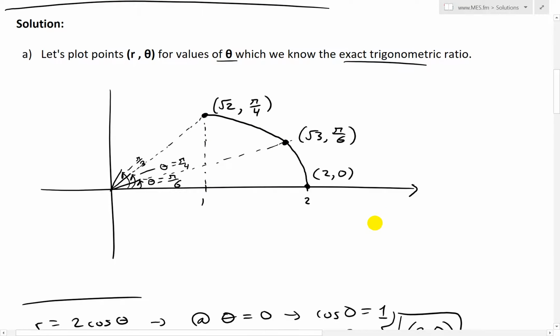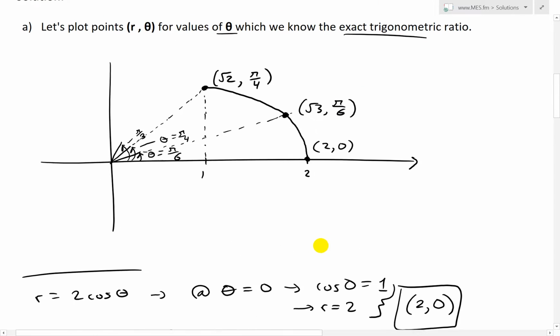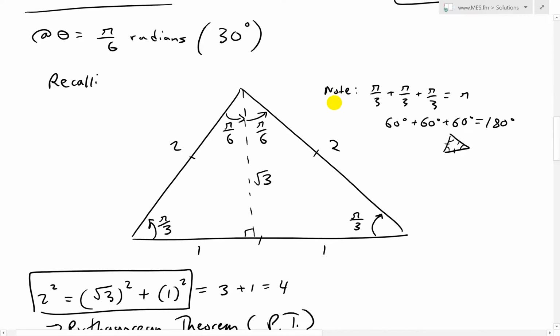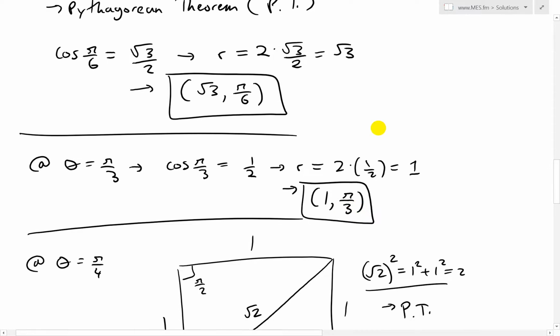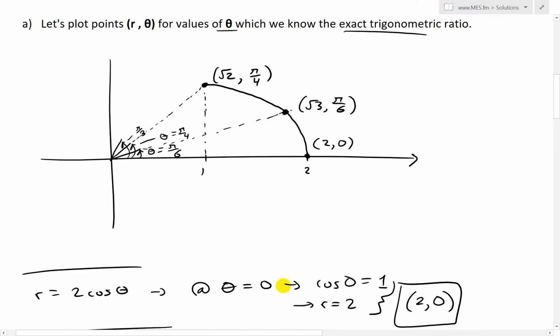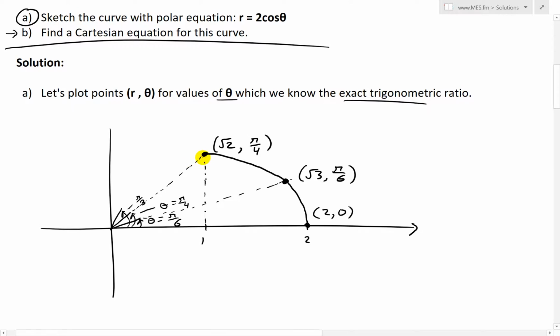Now with the point at angle pi over 3, that is over here. So that's the point 1 and pi over 3. It's a distance 1 across, so it's going to be less than this, because the height is 1. So the distance from here to there is going to be 1. It's going to look something like this.